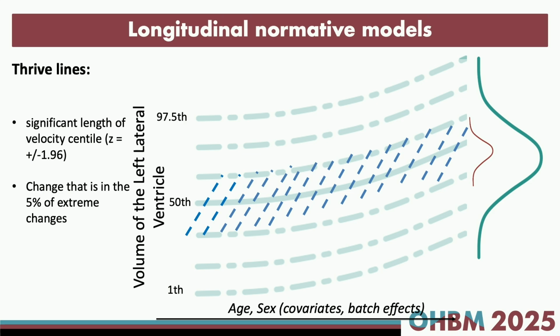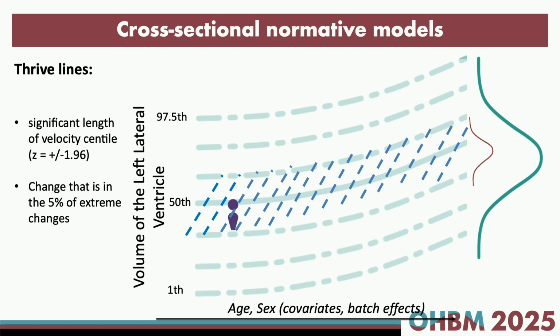So a change that is associated with a Z-score of plus or minus 1.96. If you have a thrive line distance, that means that the change that the subject has experienced is in the 5% of abnormal changes. So once we have that, we can go back to our clinical subject and plot it again in these velocity centiles, and then we would see that our 4th measurement is actually in the extreme amount of change.